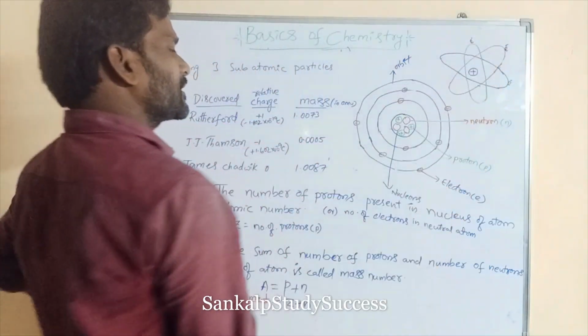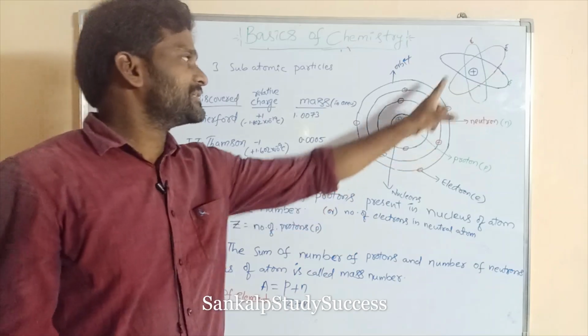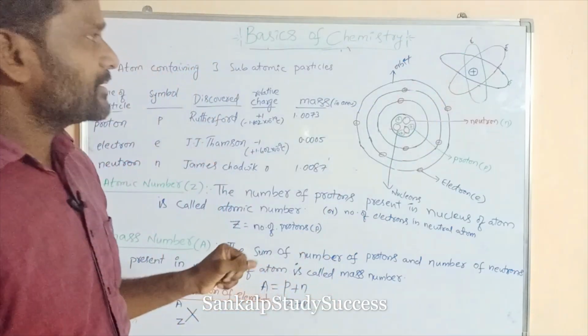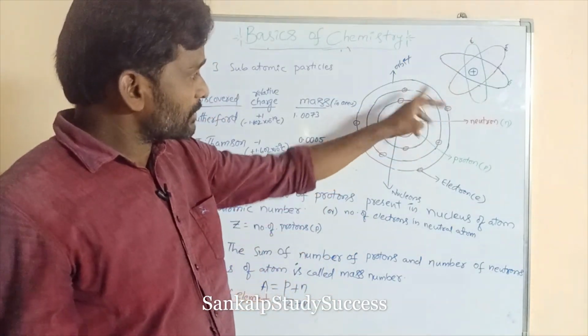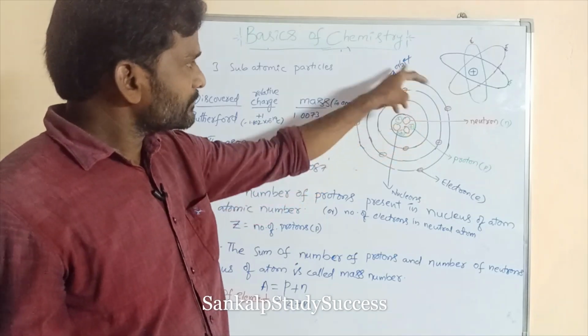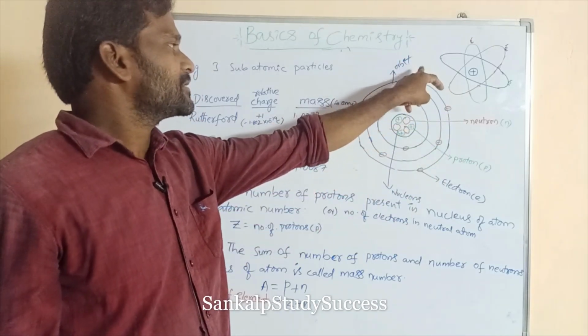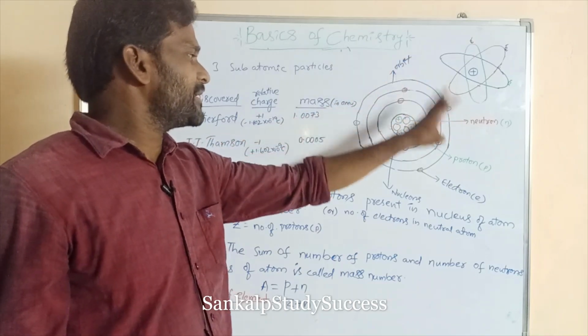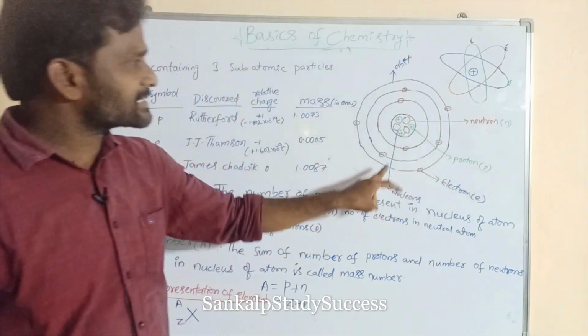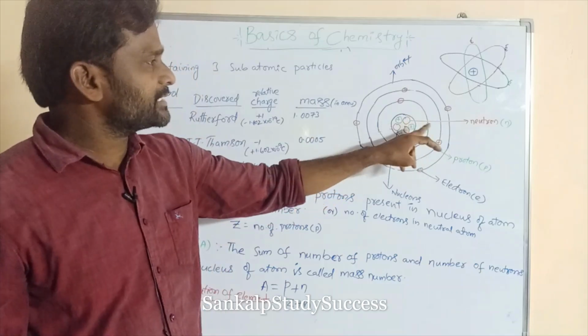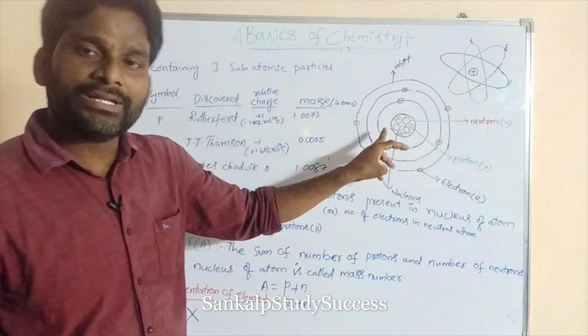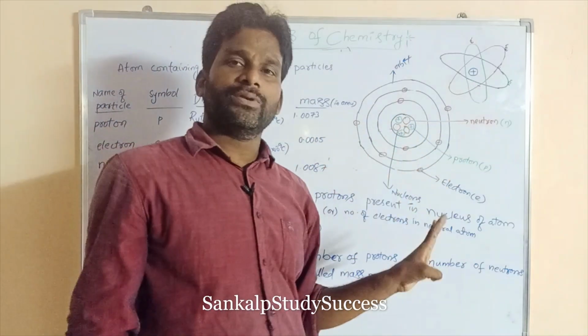Electrons revolve around the nucleus in circular paths called orbits. So electrons are present in orbits, and protons and neutrons are present in the nucleus. These are said to be nucleons.